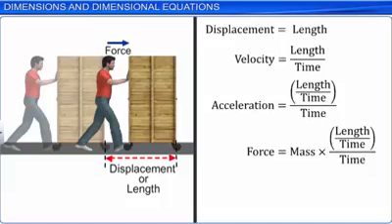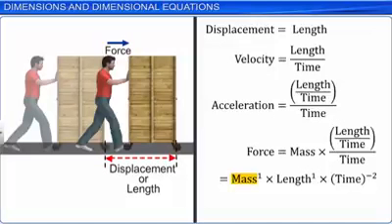From the expression, it is clear that the exponents of mass, length, and time in the expression for force are 1, 1, and -2 respectively. These exponents of base quantities in the expression for force are called dimensions.